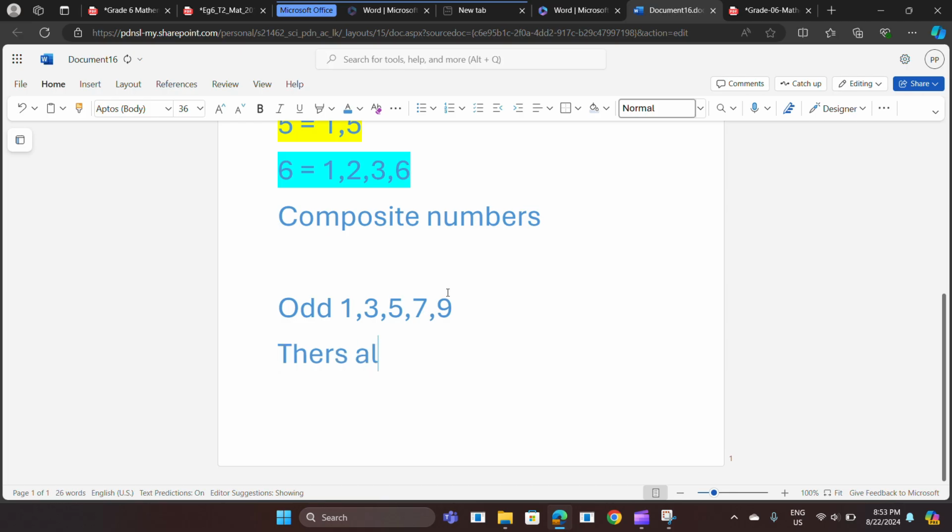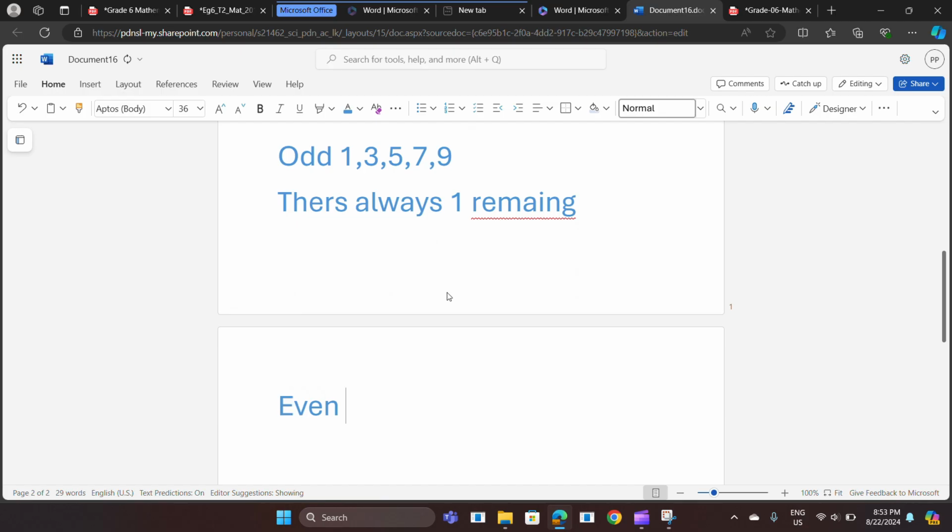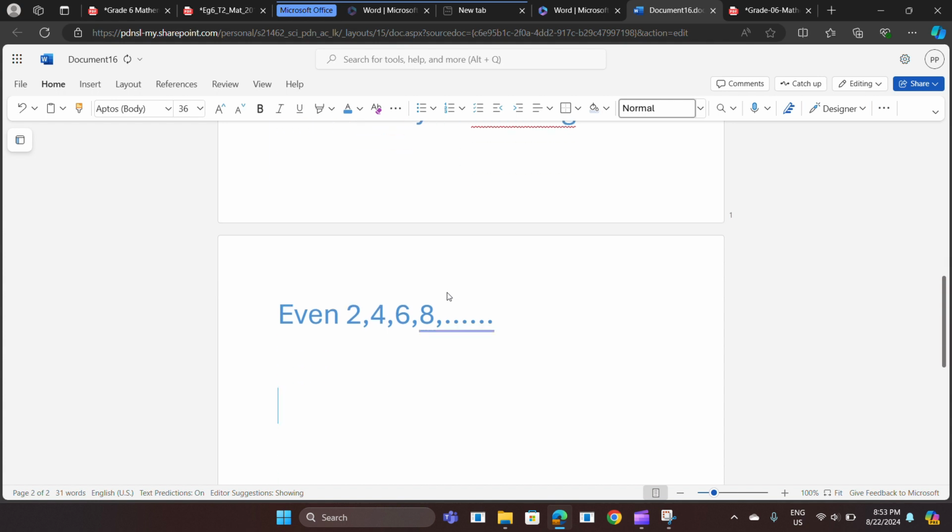There's always one remaining in odd numbers. But even numbers are 2, 4, 6, 8. These numbers have 0 remaining, no remaining when divided by 2. These are even numbers.